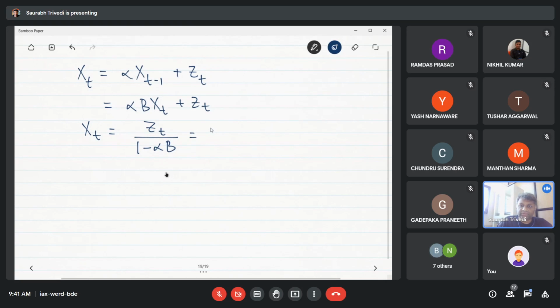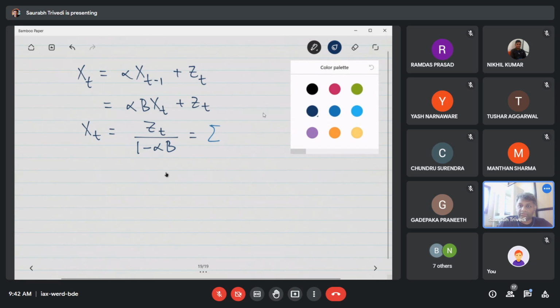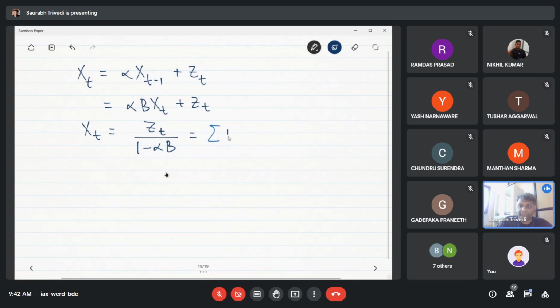And this will be then summation, but this will be equal to 1 plus alpha B plus alpha squared B squared, and so on, times zt. This can be done if mod of alpha is less than 1.